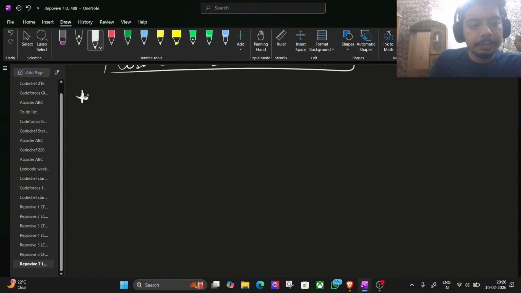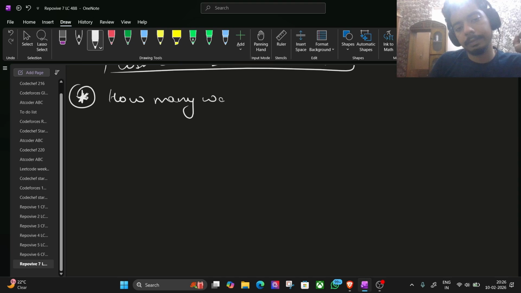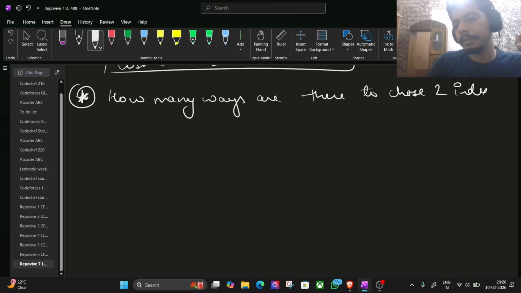The line is, how many ways are there to choose two indices I and J? How many ways are there? There are a total of three ways.